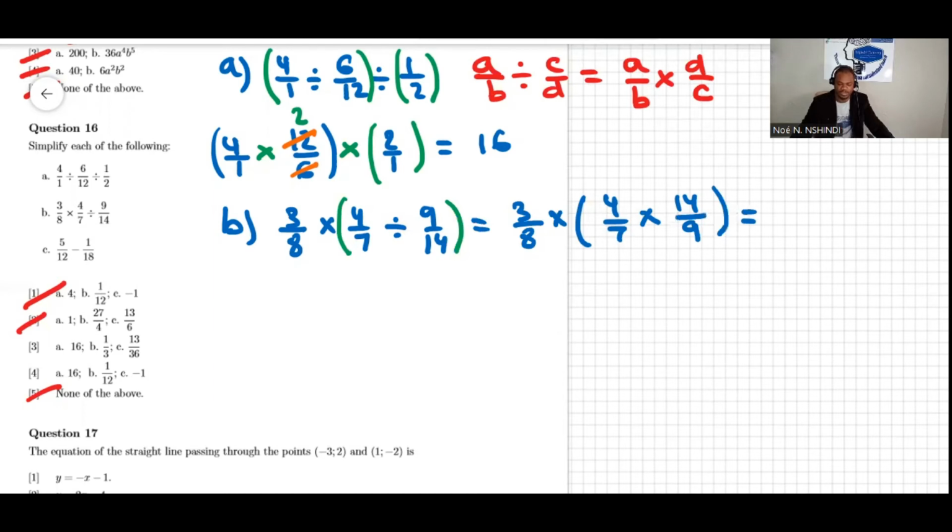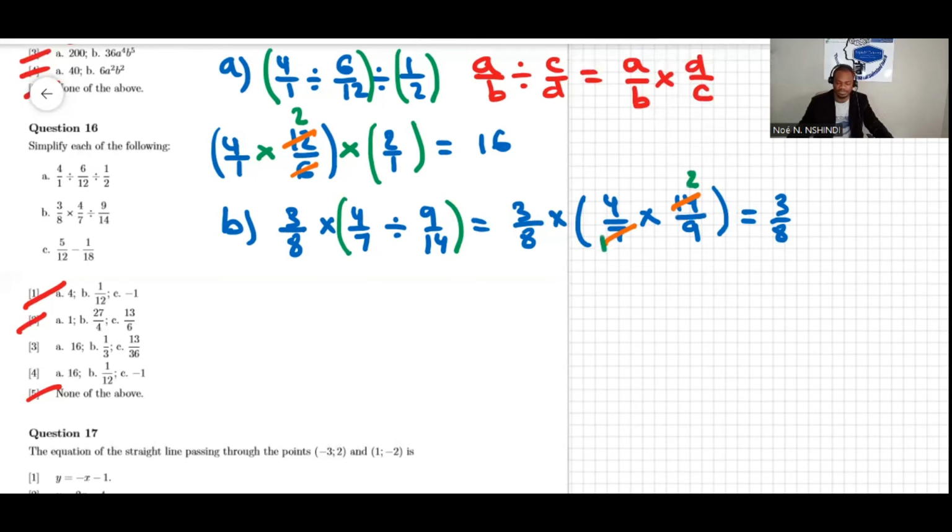Then this will be 3/8 and then 4/7, so we can simplify 7 with 14. When we multiply fractions, we can simplify vertically or across. So the 2 is there and 1 is there.